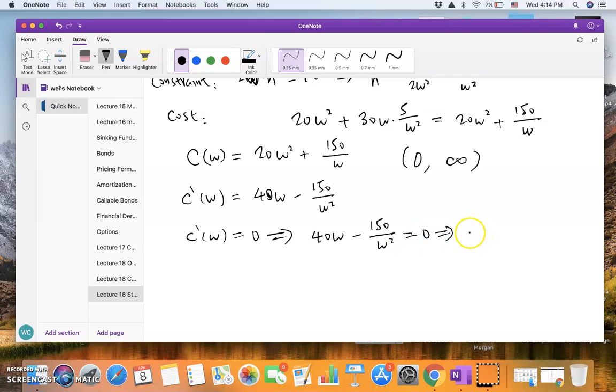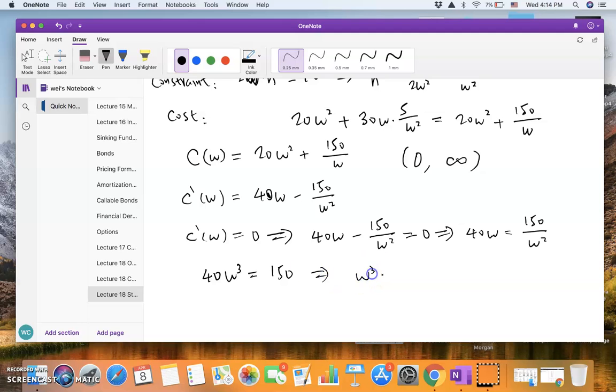So we have 40w equals 150 over w squared. If we multiply w squared on both sides, we have 40w cubed equals 150.